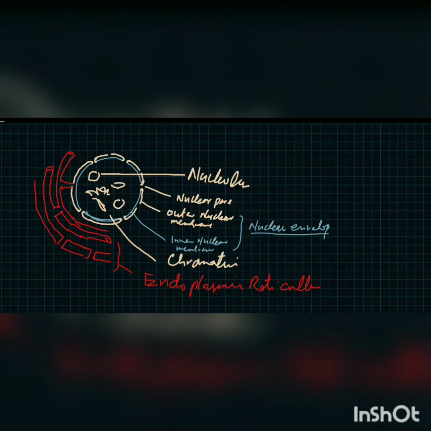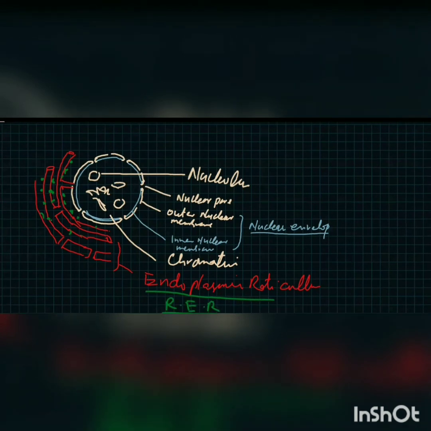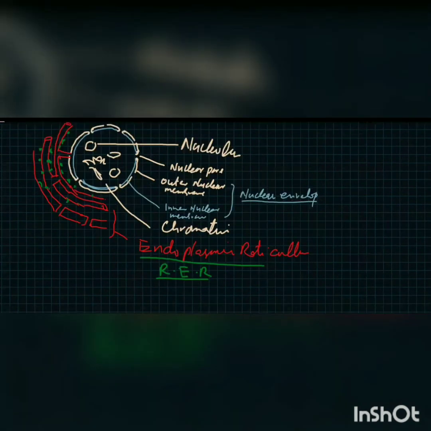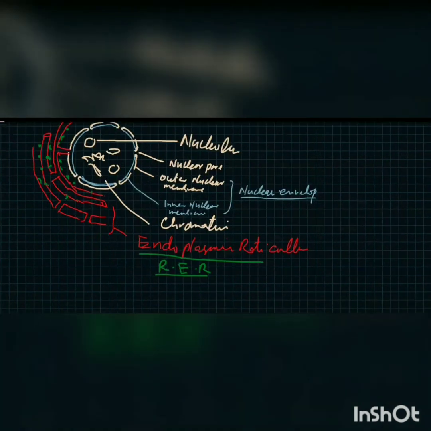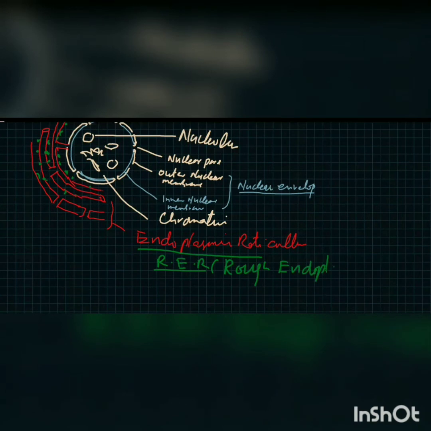One that is towards the nucleus has ribosomes attached on its surface. इसके यहाँ पे ribosomes होंगे. And this is known as rough endoplasmic reticulum. This stands for rough endoplasmic reticulum.